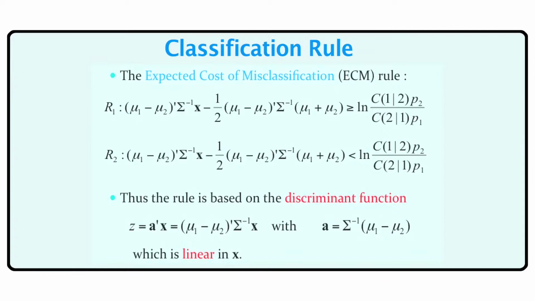Similarly, the right hand side is known, so everything besides x is known. So the first function is the only function that involves an unknown x, and the classification rule is based on this. So we call this function the discriminant function, and in this case you see that this is linear in x.